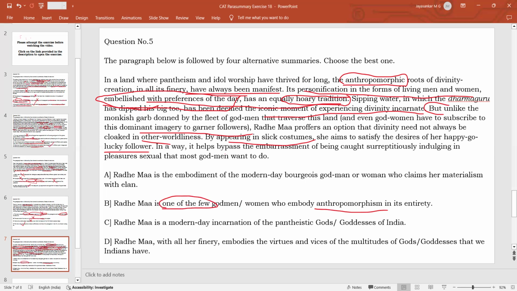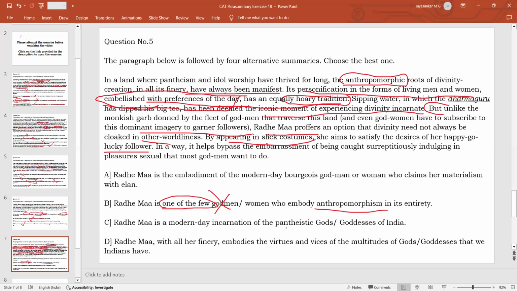Do we know that very few godmen or women are embodying this kind of anthropomorphism completely? We only know that unlike the monkish godmen, Radhema prefers an opulent look. So Radhema is different in the sense that she is not doing what most godmen are doing. But is she one of the few? We don't know. So that is why this option is wrong.